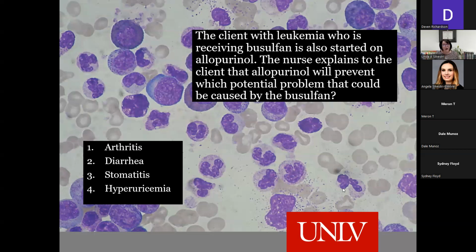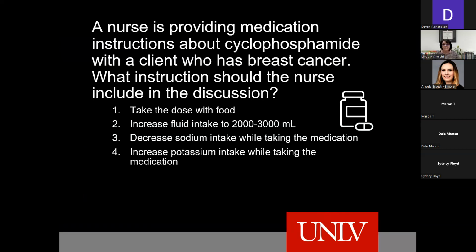And that's how you can help yourself with these types of questions. And then moving to the allopurinol, if you remember that concept that I just explained to you about the release of the uric acid when the cancer cells are destroyed, that will help get you to the right answer. So hopefully that helps. Okay, next question.